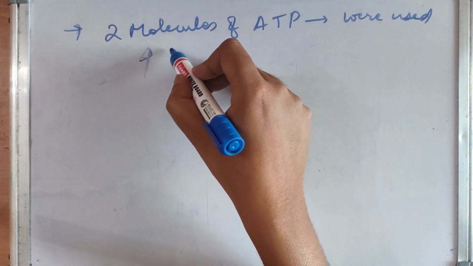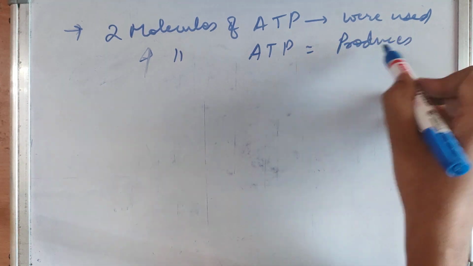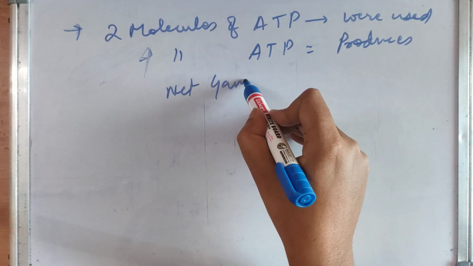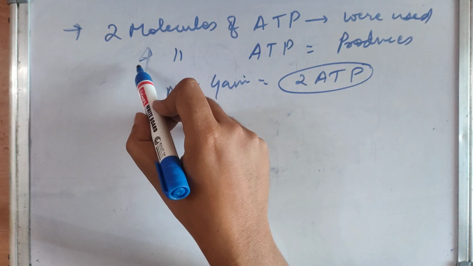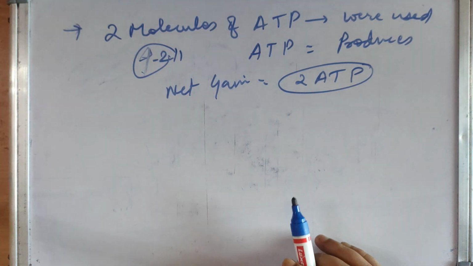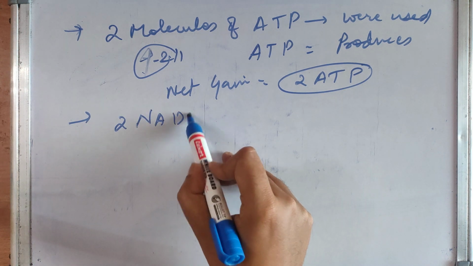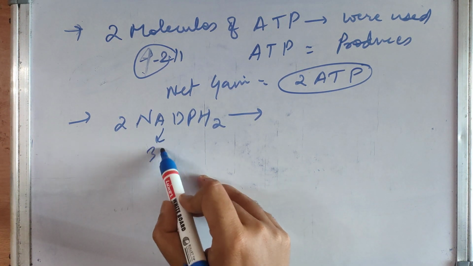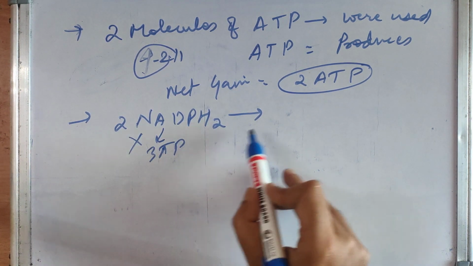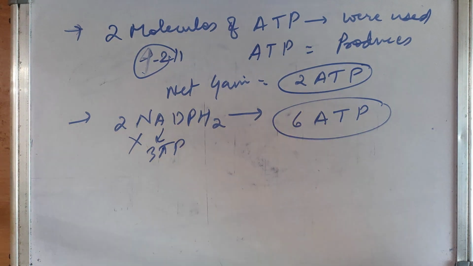So the net gain is 4 minus 2, that is 2 ATP. Also 2 NADH2 are produced, and each molecule gives 3 ATP. So 2 into 3, it gives 6 ATP. So here another 6 ATP is formed. So this was the outcome from glycolysis.